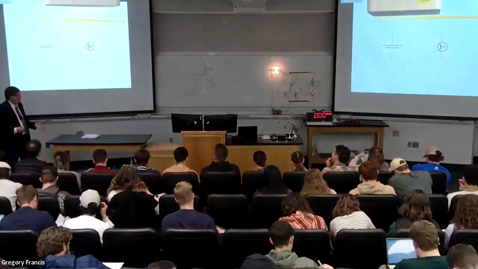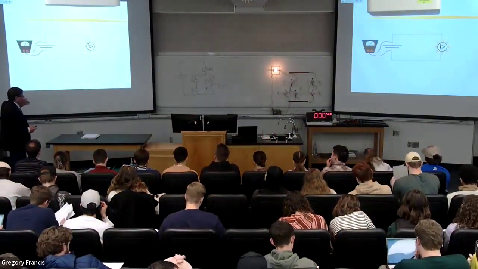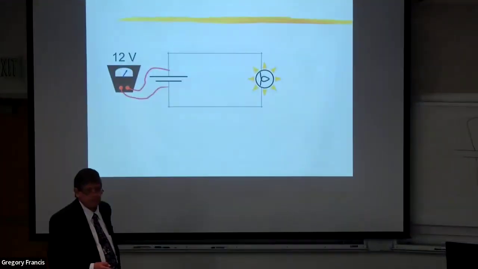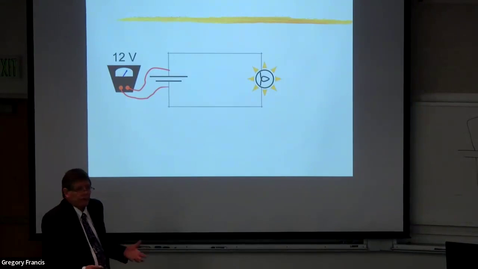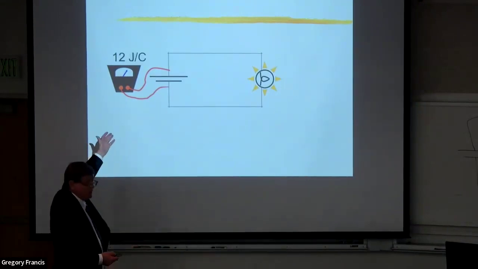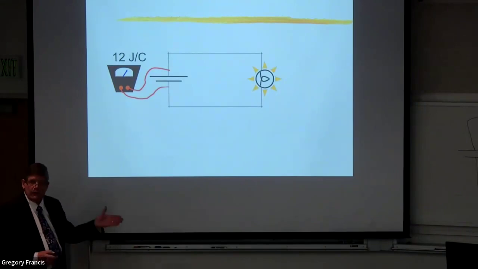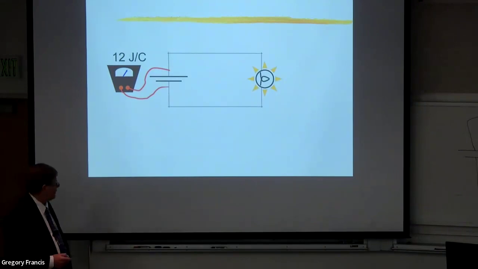some point B. And if we measure the voltage across a battery, if it's a 12-volt battery, we measure 12 volts. And we know that 12 volts is really a fancy way of saying 12 joules for each coulomb that goes from the negative terminal of the battery to the positive terminal of the battery.